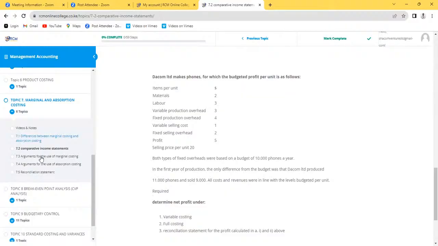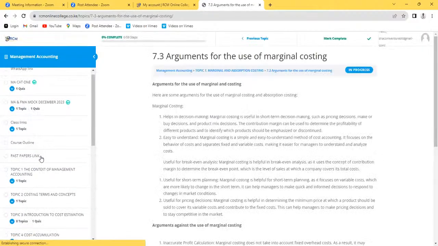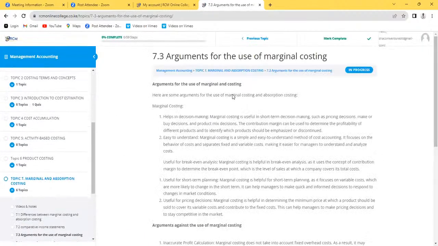Having done that, it is taking you basically to the arguments. So, arguments for the use of marginal costing. Arguments for the use of marginal costing are basically advantages. So how is using marginal costing advantageous or beneficial to an organization? One, it helps in decision making.